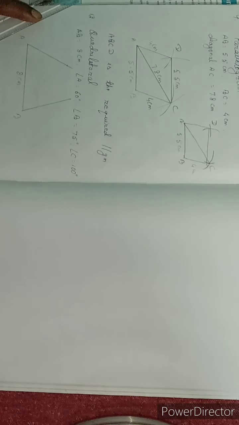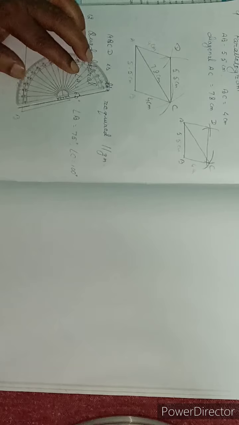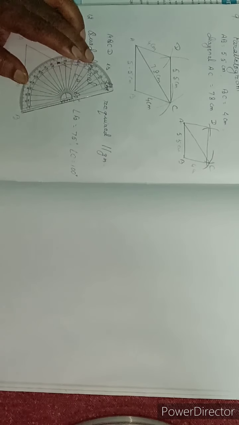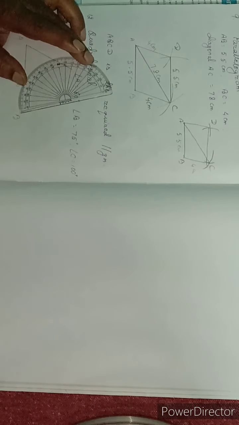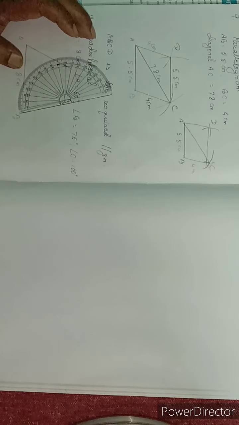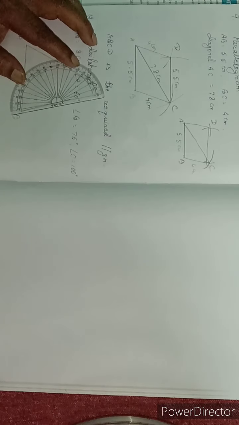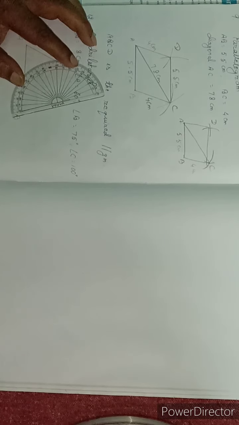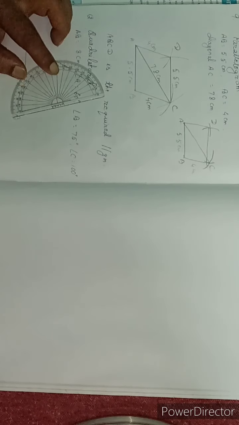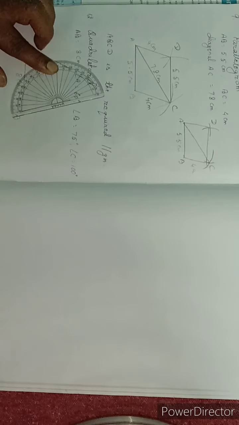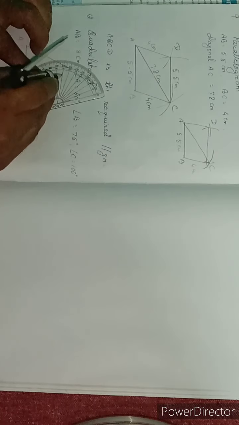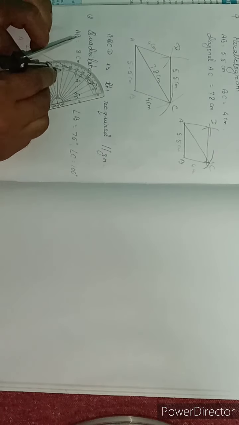And angle C is 100 degree. Again we use the protractor to draw an angle of 100 degree at any point on BC.